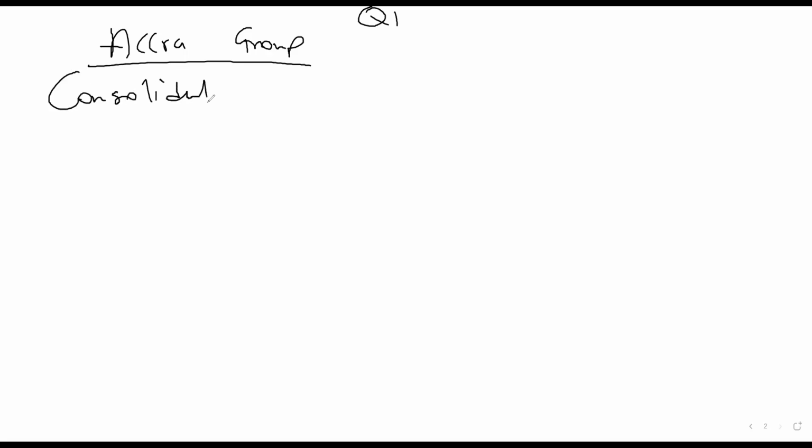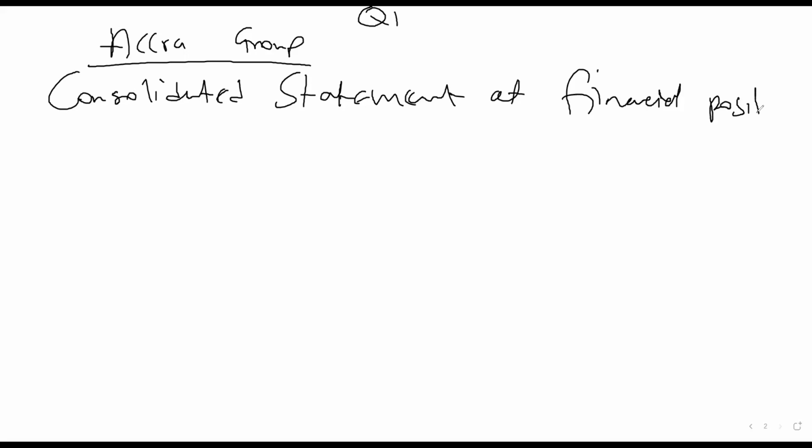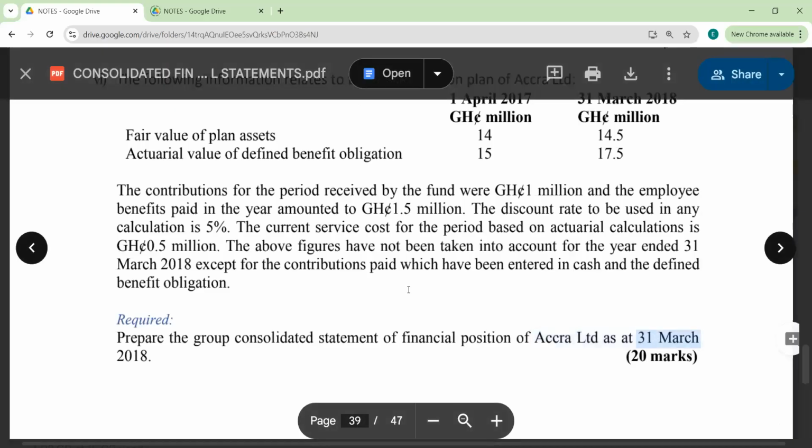Consolidated statement of financial position as at, let's go and check the dates. As at 31st of March 2018.